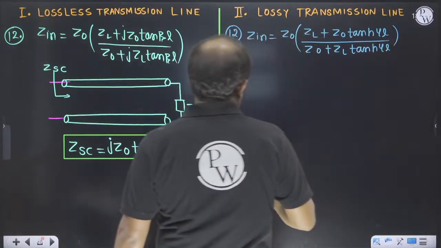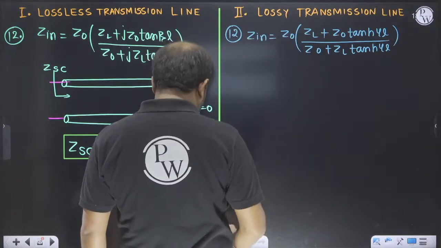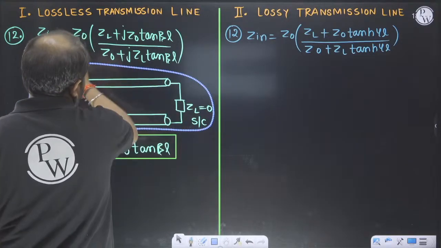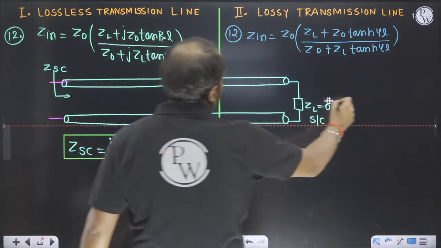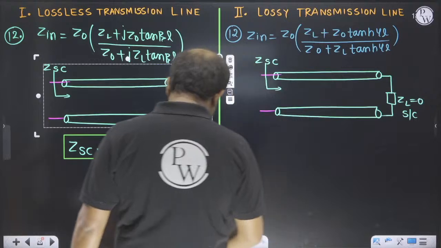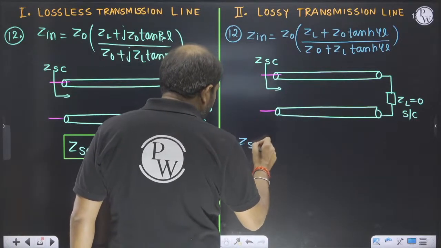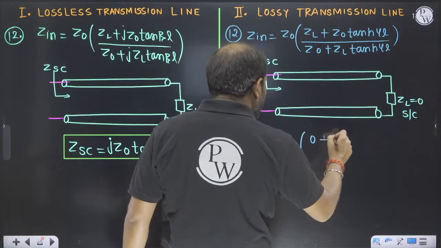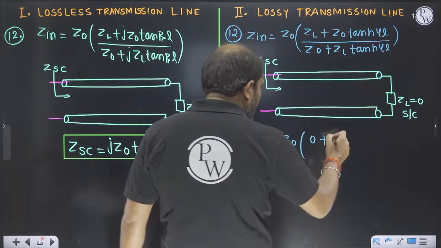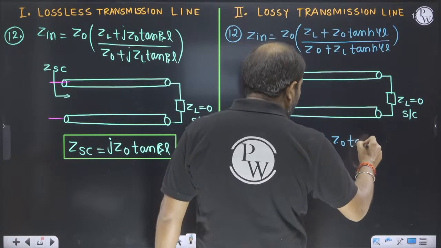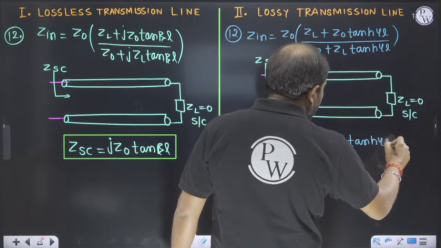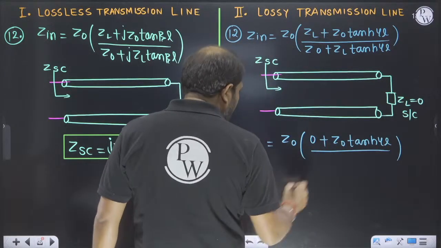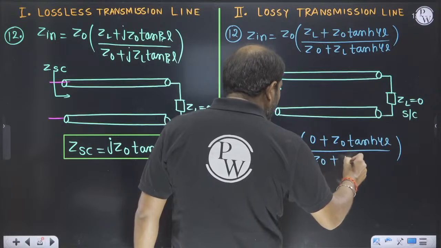And we have a transmission line where it is short circuit. So in case of short circuit, what will happen? I will put ZL is equal to 0. So Z0 tanh gamma L divided by Z0 plus 0.